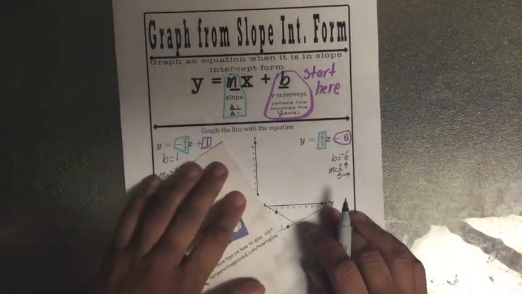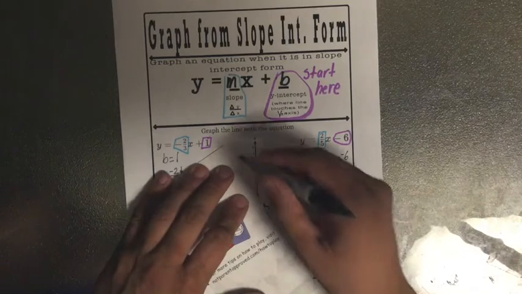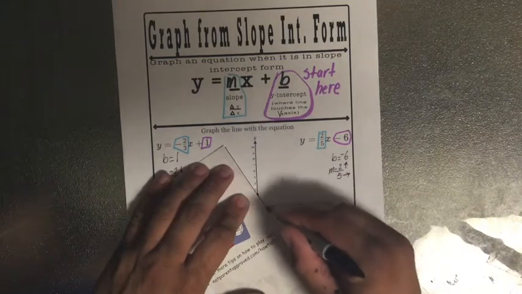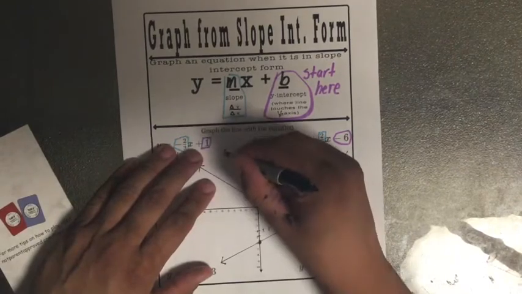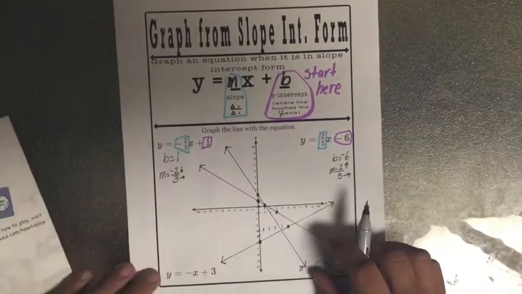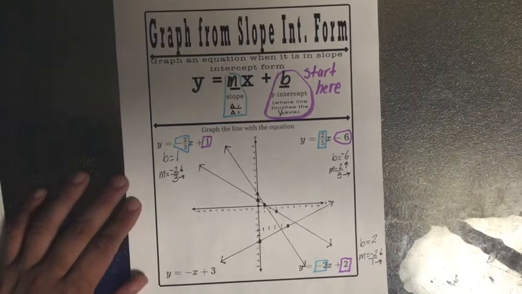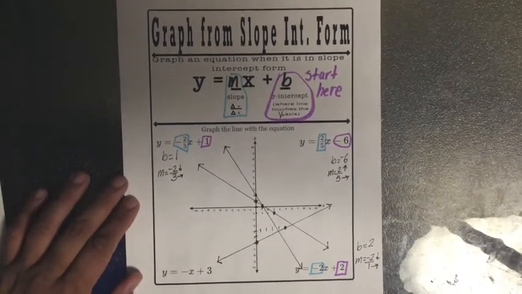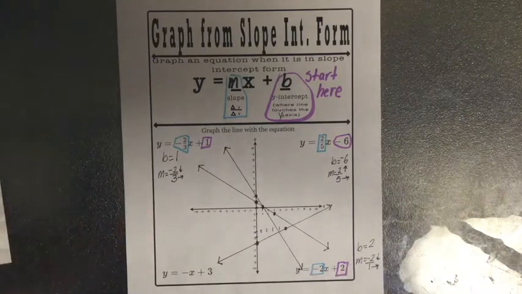I take my straight edge and connect the points just like that. And arrow, arrow. There we go. So far we have 3 lines, which makes sense because we have 3 equations. So one more line.